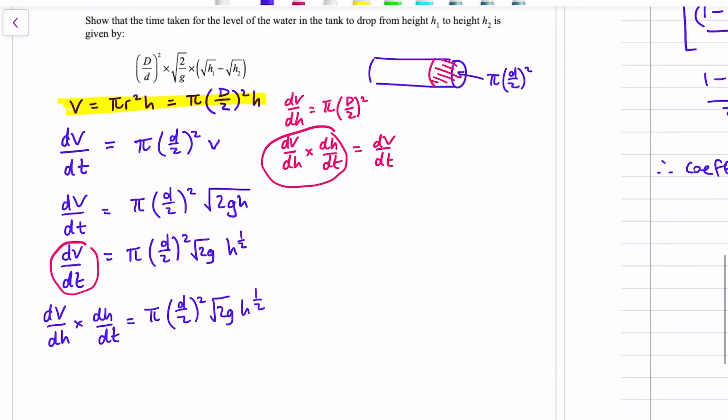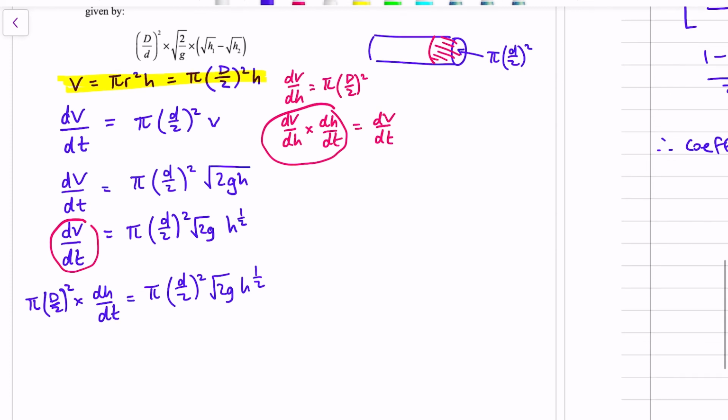And now we've only got two variables in there, because dV/dh, I should have done that all in one go, is actually equal to pi times capital D over 2 squared, and the only variables left are little h and little t. So we can separate the variables here. We can cancel pi on both sides.